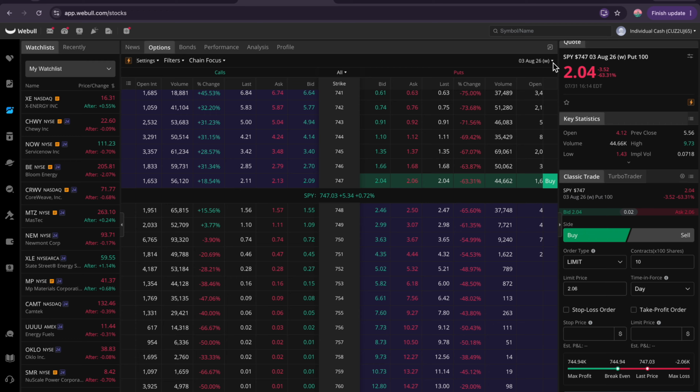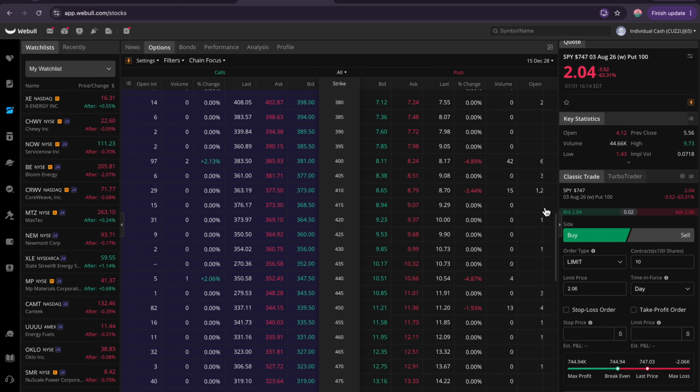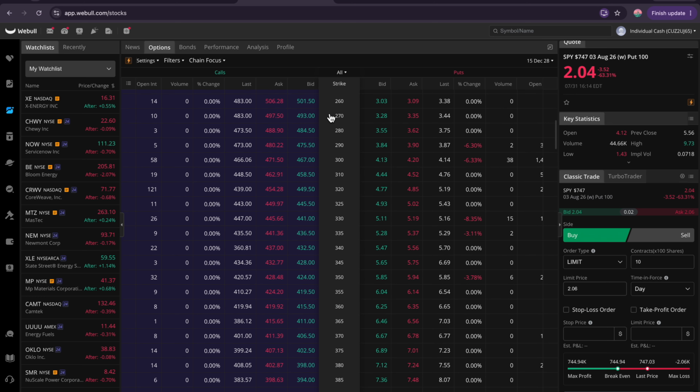But we can also see that options contracts have different time frames. So we can go all the way to December 15th, 2028. Looking at an options contract, as we can see, these strikes are in the money. 380 is deep in the money. That's why it's worth $39,800, right?